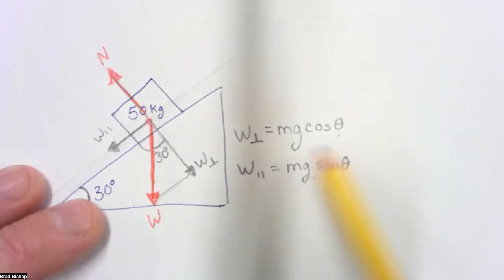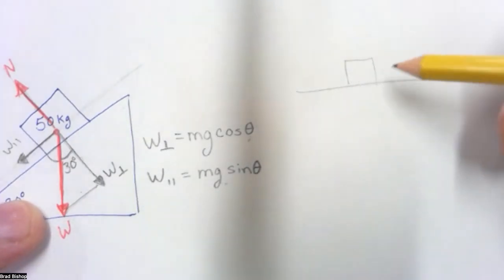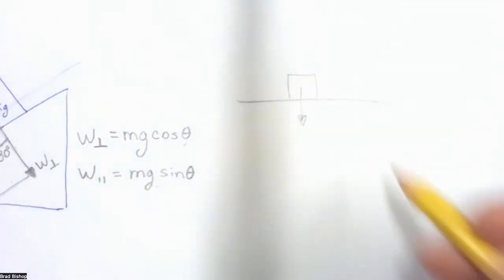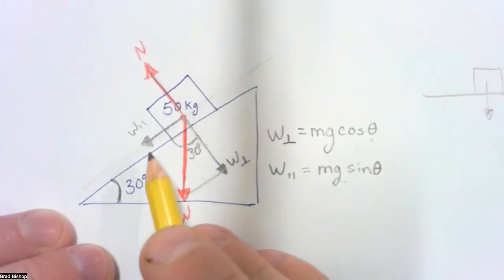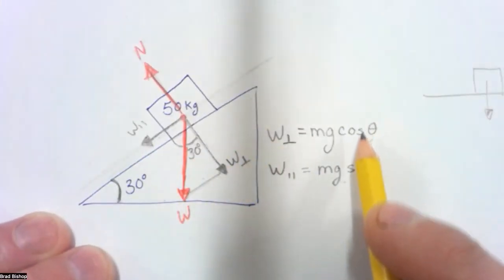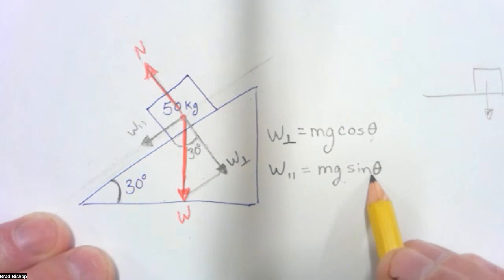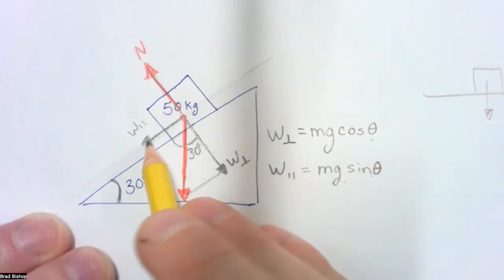So none of our weight is parallel, meaning if this was the object right here on a 0-degree incline, all of its weight is perpendicular, and none of its weight is pulling it down the inclined plane. As the angle increases, cosine theta is going to get smaller, meaning less and less of the weight will pull it into the surface. And sine theta is going to get bigger, meaning more and more of the weight will pull it down the inclined plane.